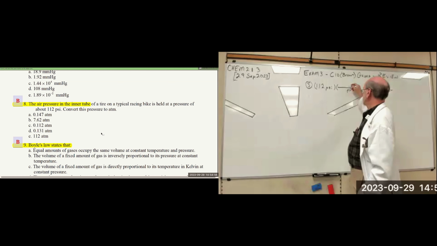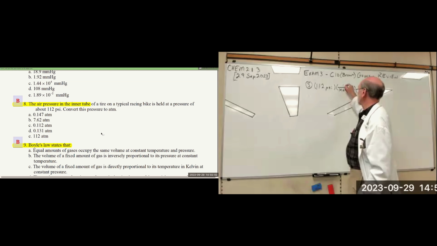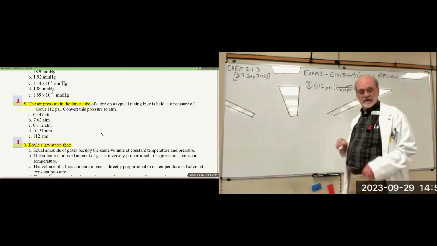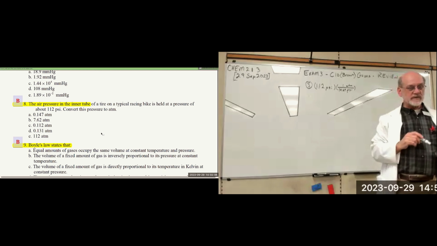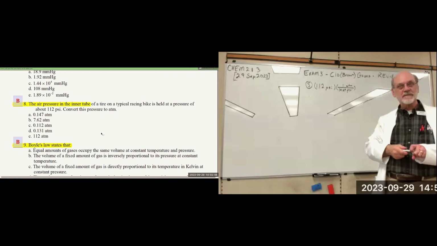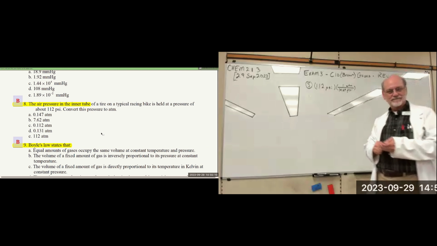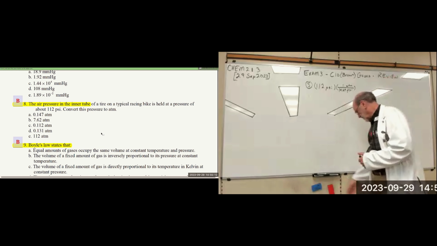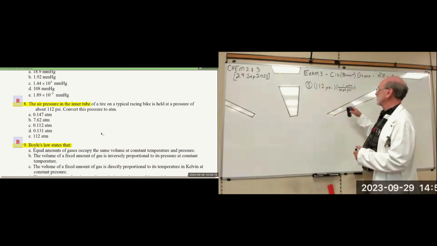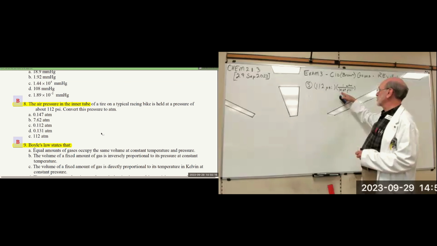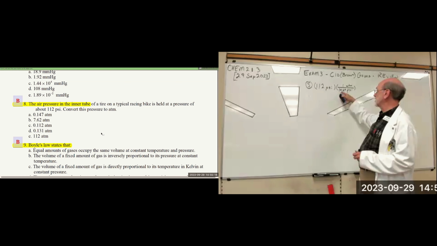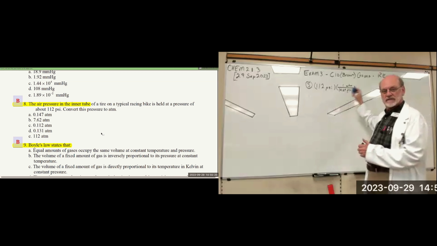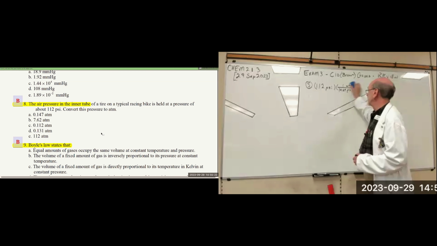What did I say? 14.69 psi per atmosphere. 14.69 divided into that gives us 7.62 atmospheres. Right? Is that about right? 7 times 4 is 28. 2 and 7 is 9. 7.6. Yeah. That looks good.